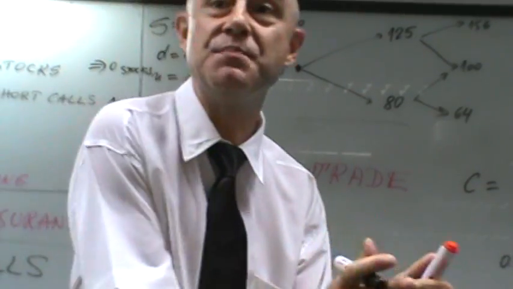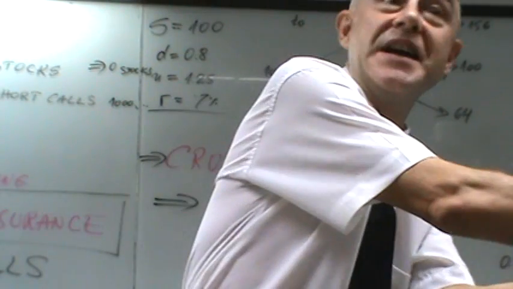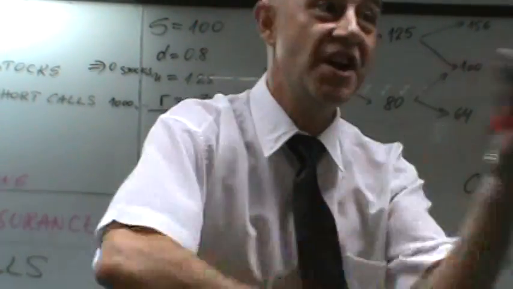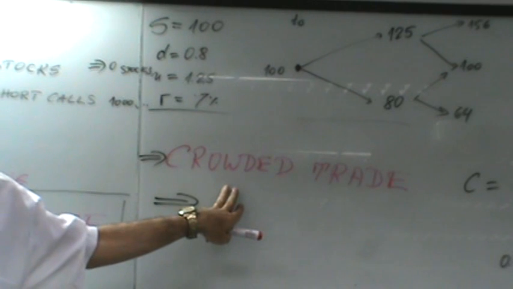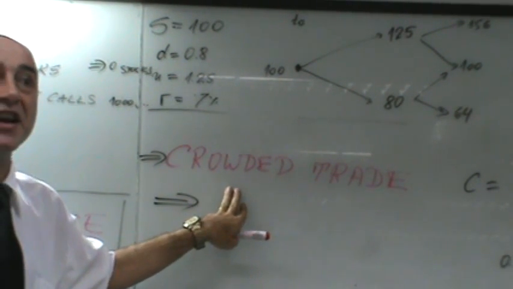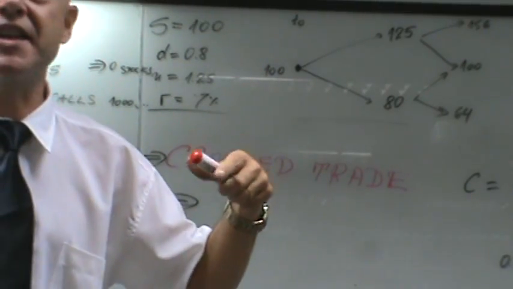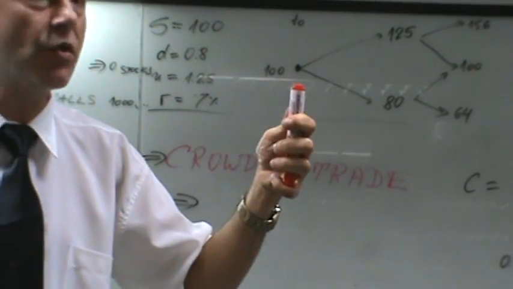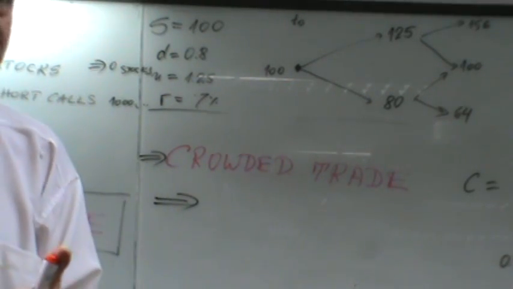This is the same as people going on one side of a boat, and the boat leans on that side. Now, when everybody starts rushing to the other side, the boat just turns around. So, when you have a crowded trade, the main risk is that, say, everybody bought the puts, and then everybody tries to sell the puts, okay?